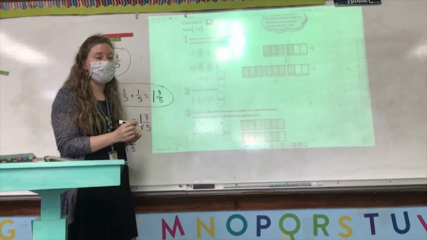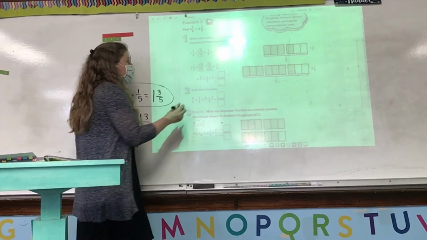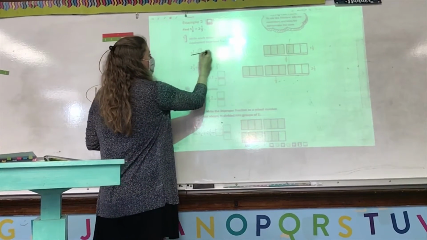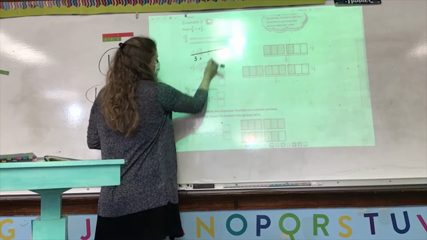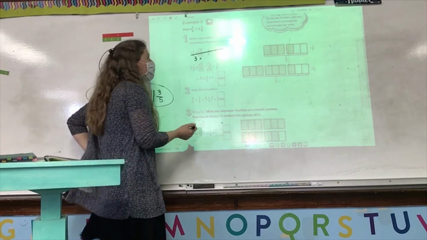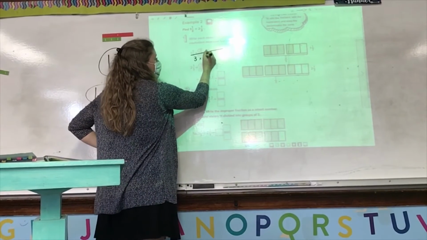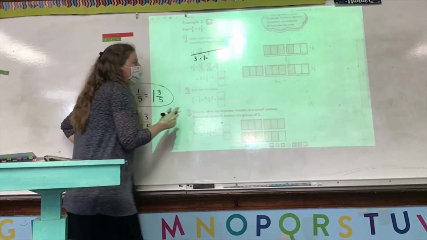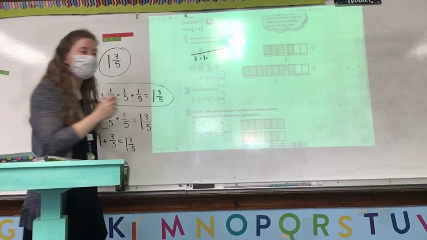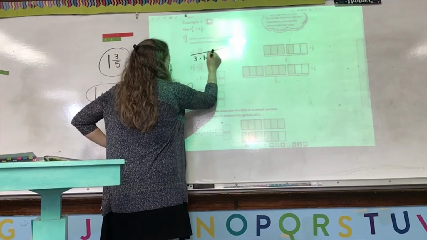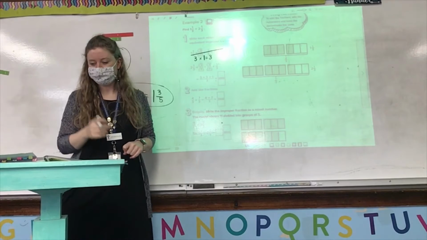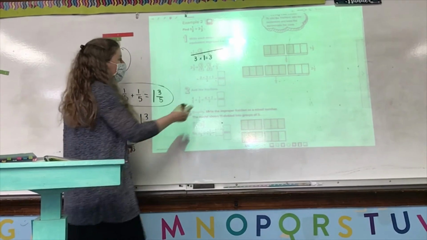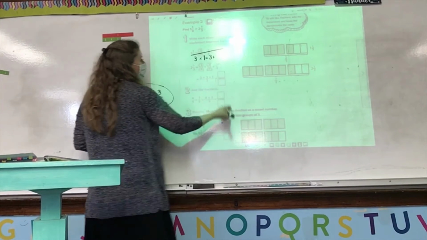We need to start with the denominator, which is 3. And we need to multiply it by the whole number, which is 1. Class, 3 times 1 is? 3. Then what do we do? Cullen. Add the numerator. Add the numerator. What's the numerator?